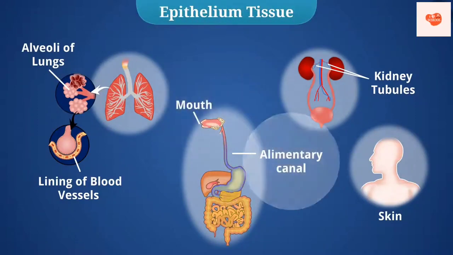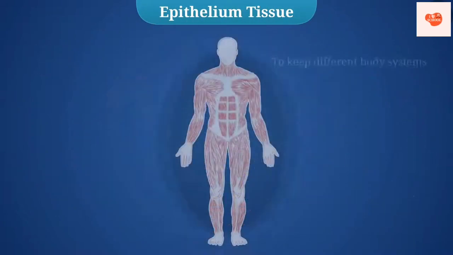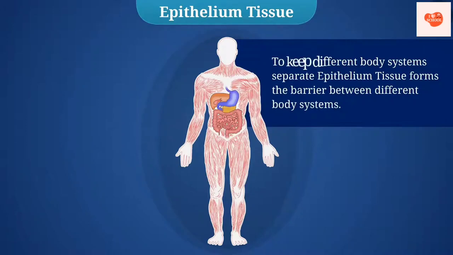Mouth, alimentary canal, lining of blood vessels, alveoli of lungs, kidney tubules, skin, and many more are made up of epithelium tissue. To keep different body systems separate, epithelium tissue forms the barrier between different body systems.